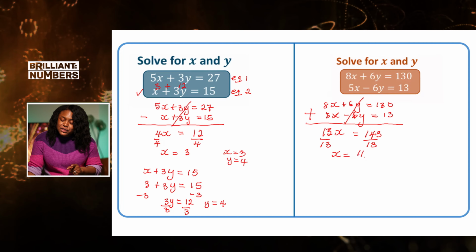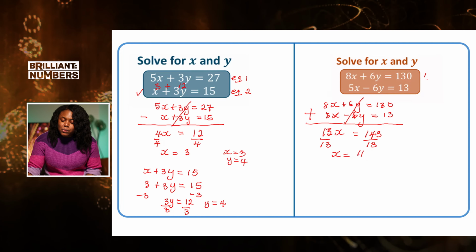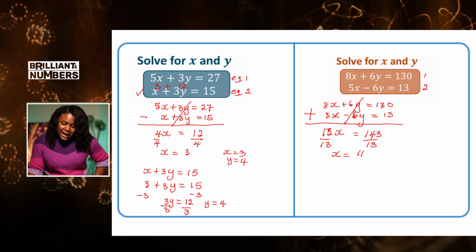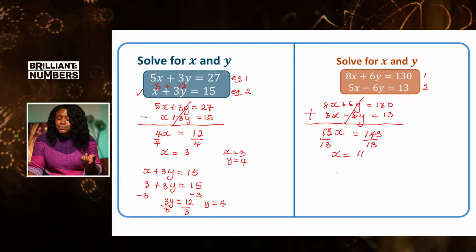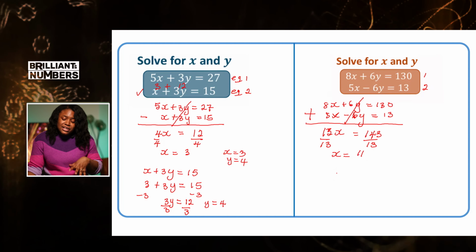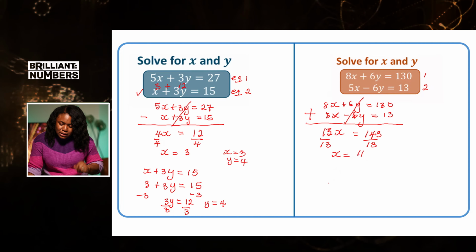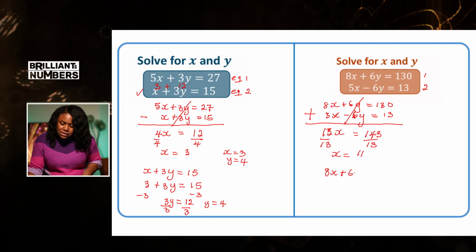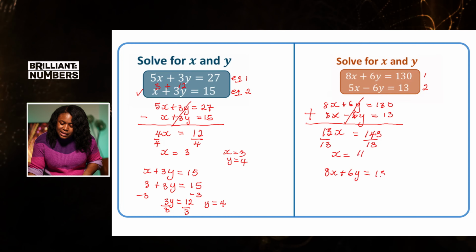Now I need to substitute this in either equation 1 or equation 2, it doesn't really matter. So I'm just going to substitute it in the first one, and I would advise as a student you do that too, because sometimes students get confused with the negative terms. So let's go. It's going to be 8x plus 6y equal 130.